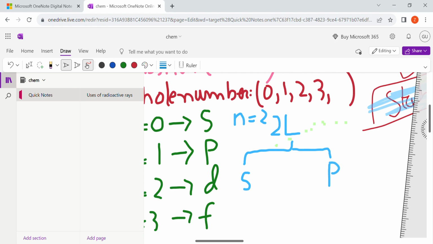As this L refers to 2, 2 will come over here, and 2 will come over here as well.